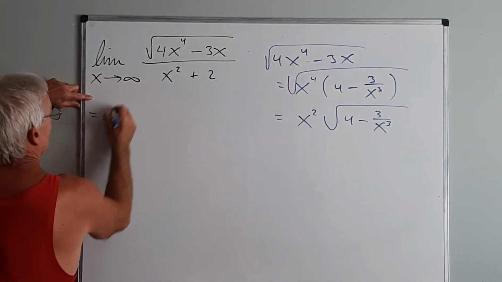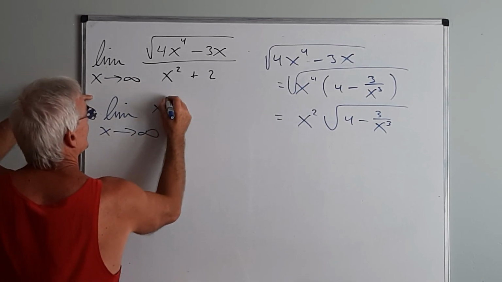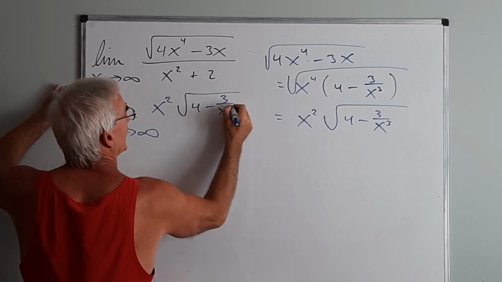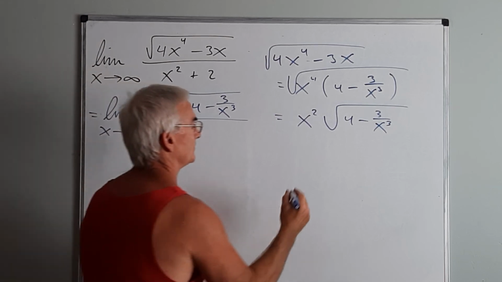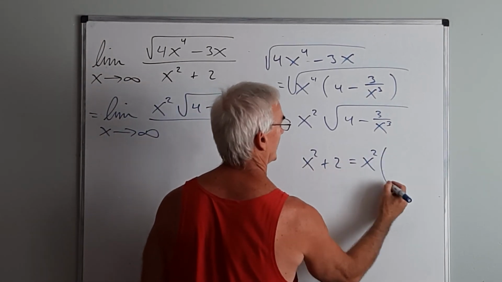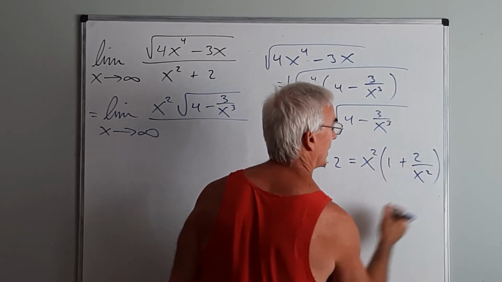My first step of the problem, I'm going to factor the numerator as x squared times the square root of 4 minus 3 over x cubed. Now, if I do the exact same thing to the denominator, if I take x squared plus 2 and I factor out the x squared, that would leave me with 1 plus 2 over x squared.